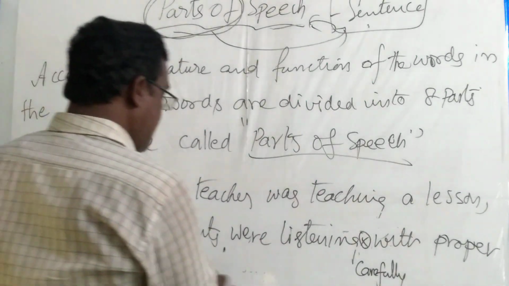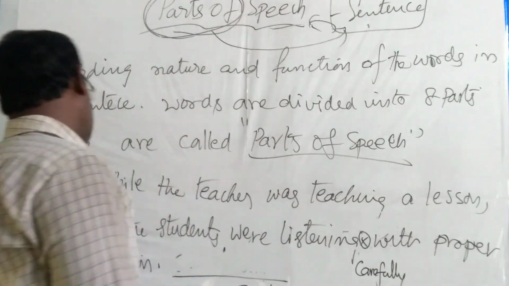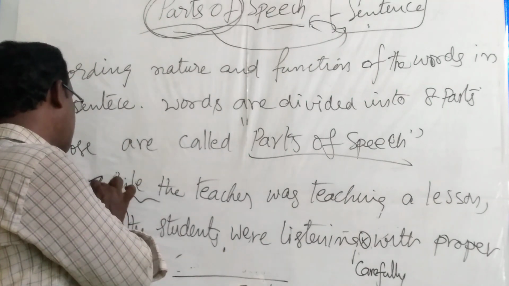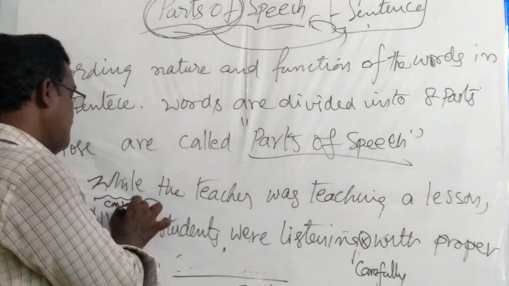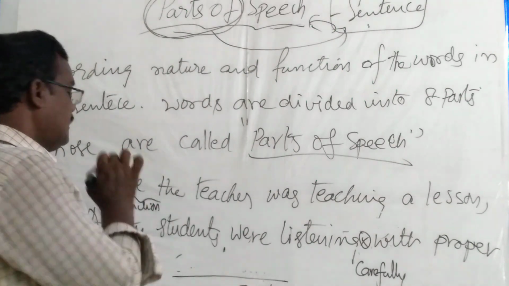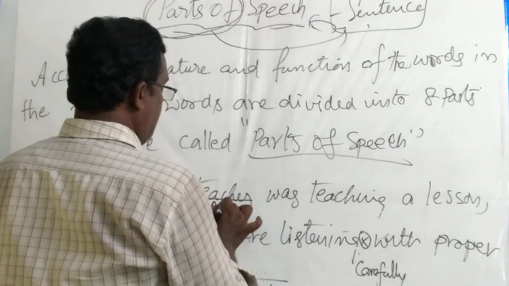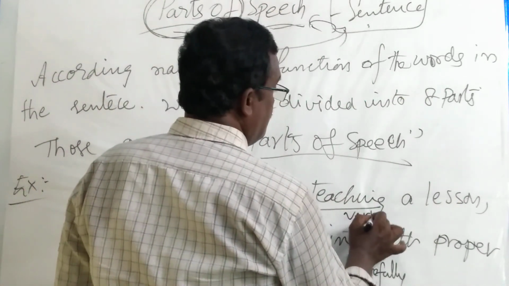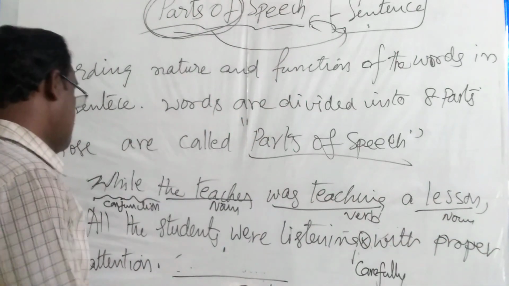This is called totally a sentence. Now, while the teacher was teaching: while, this is called conjunction. The teacher was teaching: the teacher, this is called noun. Was teaching, verb. A lesson, this is also noun.